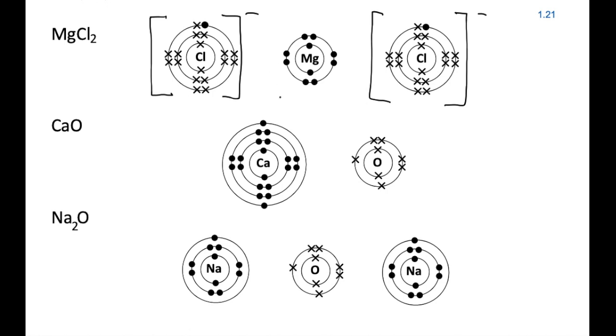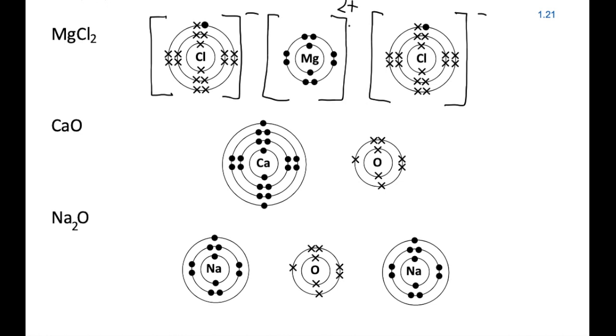The magnesium, on the other hand, has lost 2 electrons. We removed that entire outer shell because there were no electrons on it. So the magnesium's lost 2 electrons and has a 2+ charge as a result.